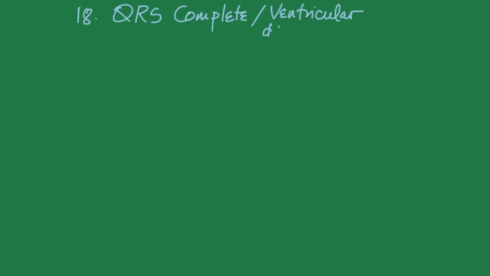Here is the most dramatic event, QRS complete. This means that ventricular depolarization is complete. Ventricular depolarization is followed by ventricular systole.